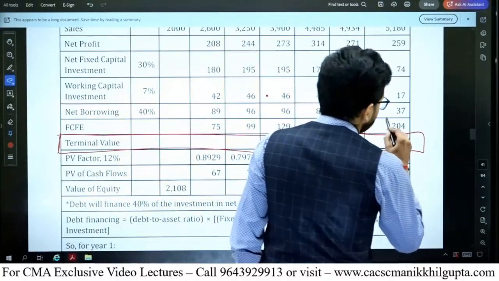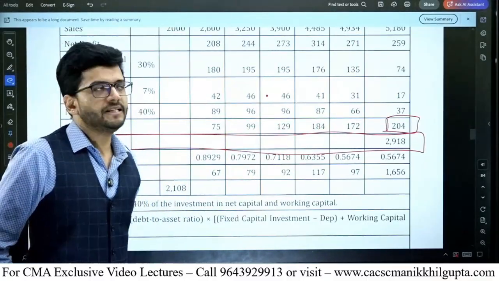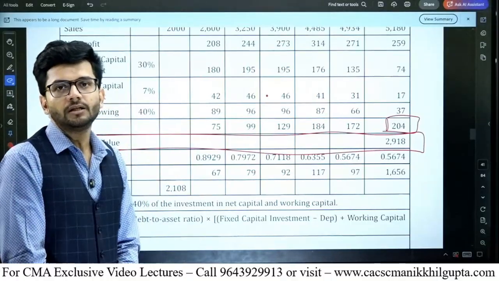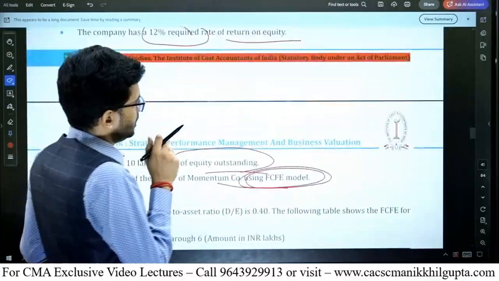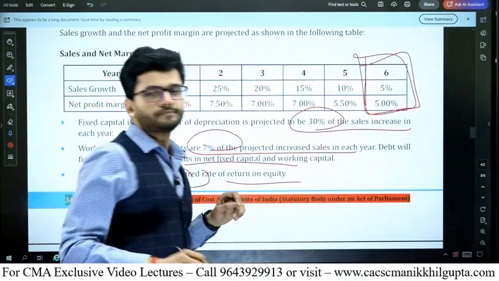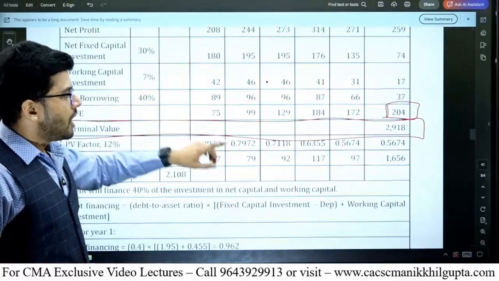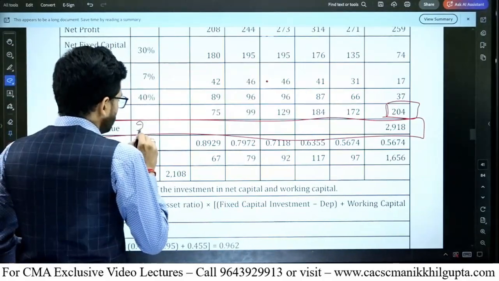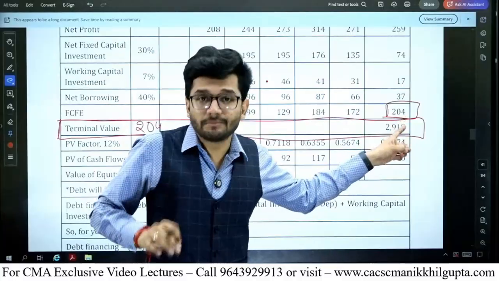Now this is the terminal value, which is terminal FCFE, which means beyond 5 years, for infinite years, 204 will be the revenue, and the growth rate is also important. The growth after terminal value is 5%. So how are we going to calculate the terminal value in this particular case? It will be 204, and mind you, these are in decimals.